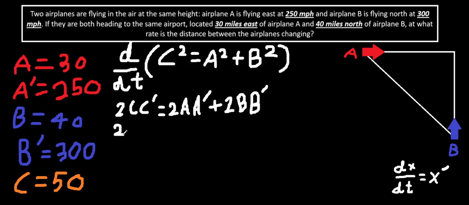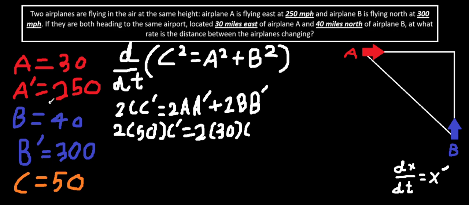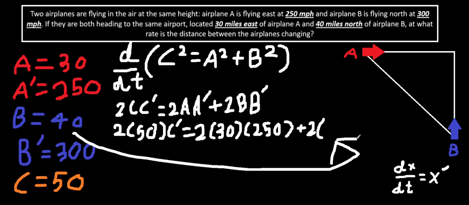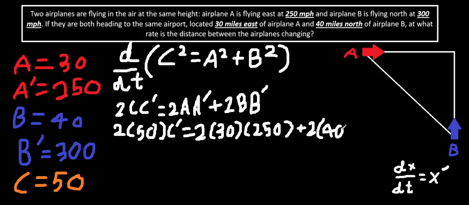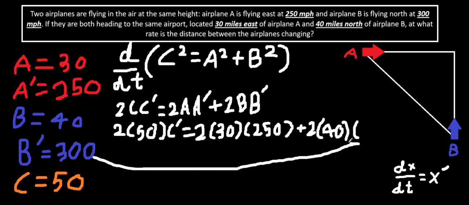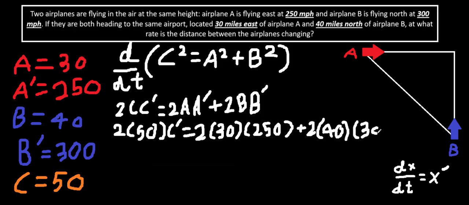So, 2 times 50 times c prime equals 2 times 30 times 250 plus 2 times 40 times 300.